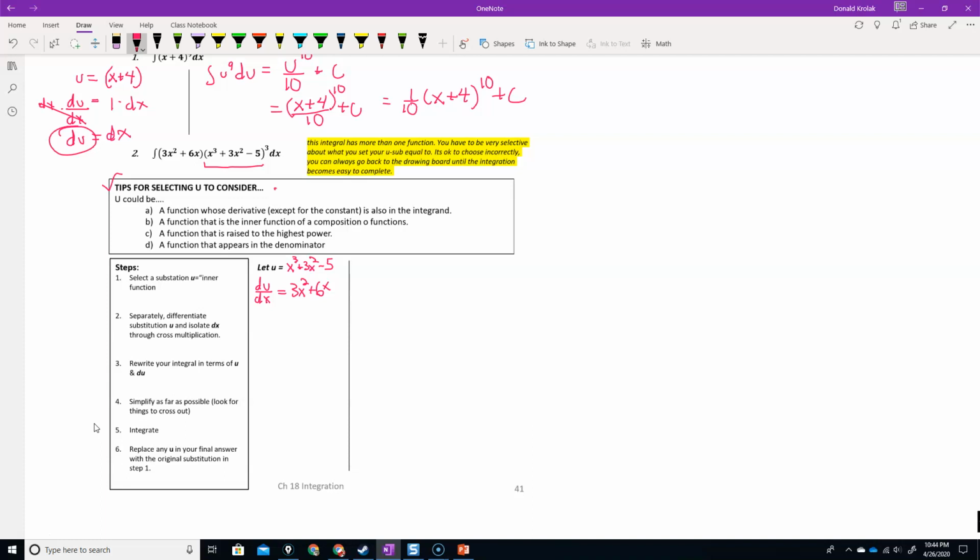I differentiate, and I want to isolate dx by cross multiplying. So 1 times du equals 3x squared plus 6x dx.